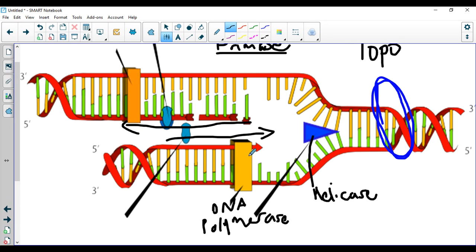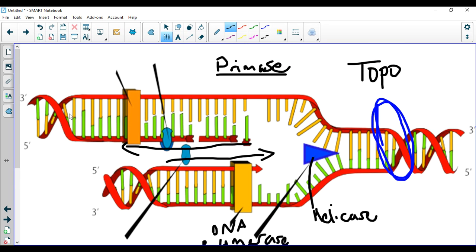We've got one strand that's being made from the origin of replication, that's out here, towards our replication fork. And then we have another strand being made from the fork out towards the origin. Now you can see that these rectangles here, both of these are DNA polymerase. I'll just write DNAP. Got one on each strand here.